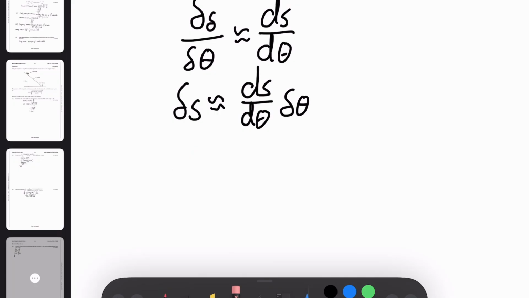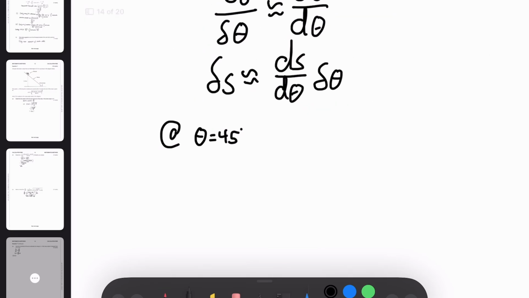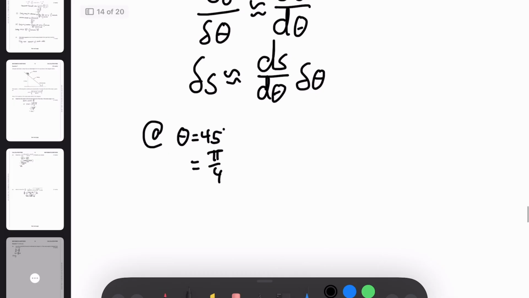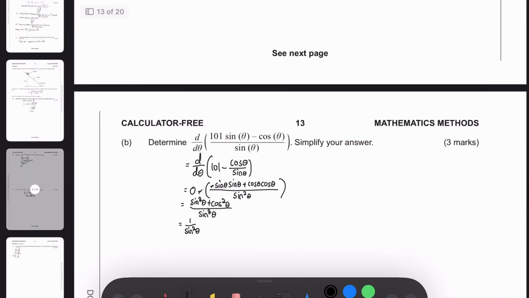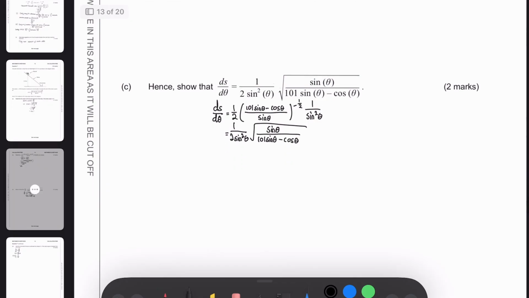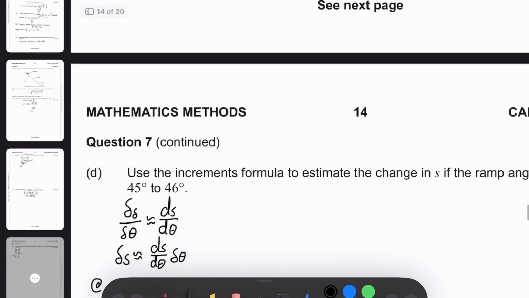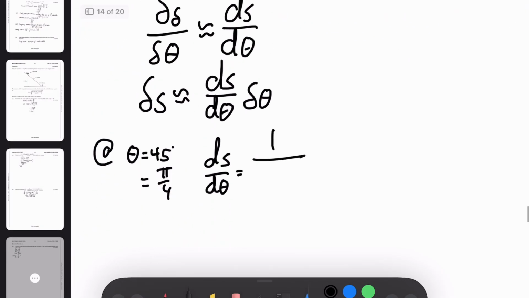Hold on, I'll write it at theta equals 45 degrees, where 45 degrees is the same as pi on 4. Okay, so then at this, we have that ds d theta is going to be equal to 1 on 2 times square root of 2 on 2 squared times.